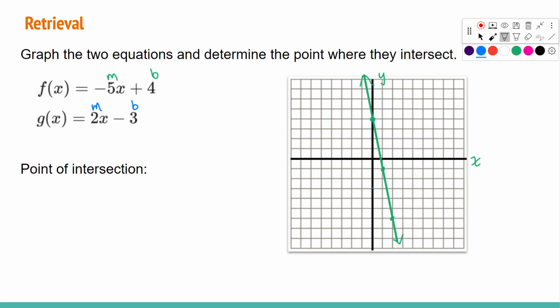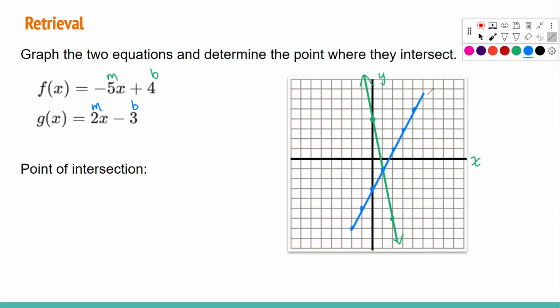So this time we start at -3 on the y-axis, and we go up 2, right 1, up 2, right 1, or we could also go down 2, left 1 and graph our line.